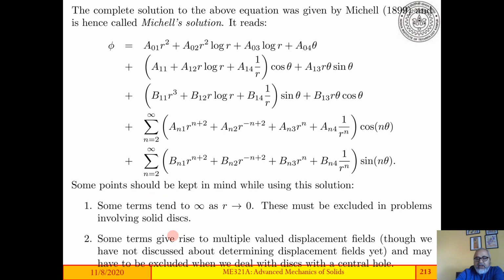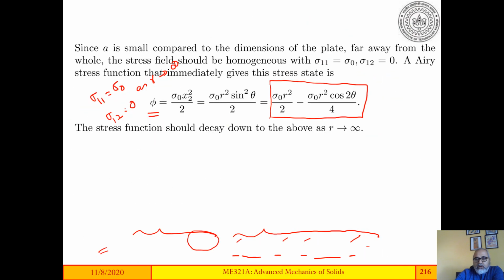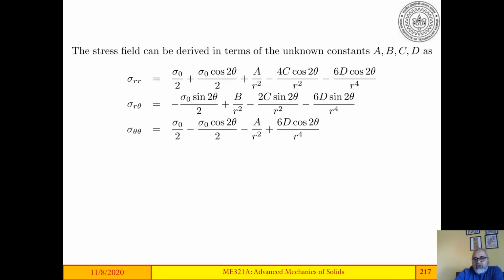The stresses also contain ABCD, and now I have to determine this ABCD. How do I do that? To do that, you will now see why cylindrical polar is a good coordinate system to choose for this problem.